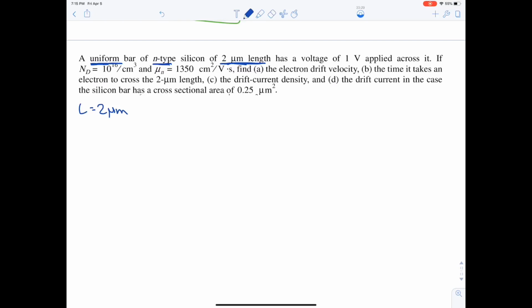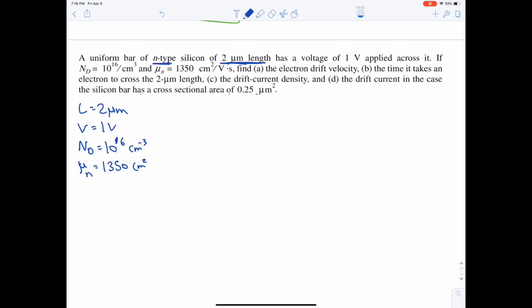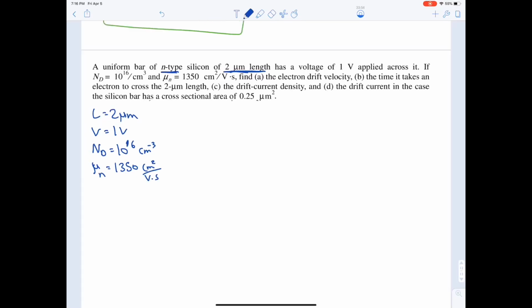It has a voltage of 1 volt. If Nd is 10 to the power of 16 per centimeter cube, mu n is 1350 centimeter squared per volt per second.